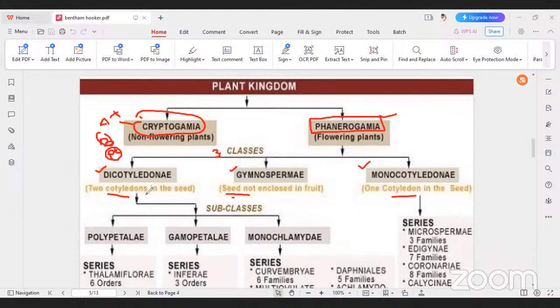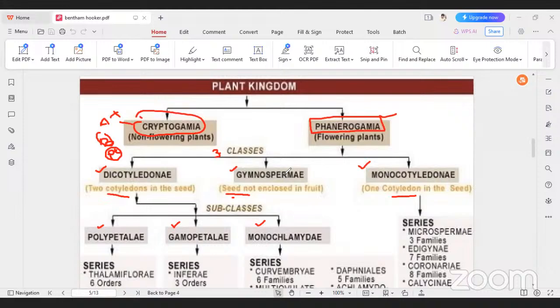And again, the dicot class is divided into 3 subclasses: polypetalae, gamopetalae, and monochlamydeae. What is the characteristic feature of polypetalae? Poly means free. Petal means corolla.